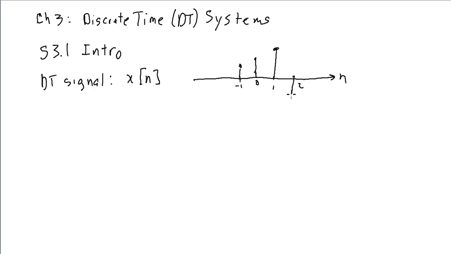Might be positive or negative values, but this would be a discrete time signal. Again, it could be infinite in duration, starting either at minus infinity and then perhaps going to positive infinity.